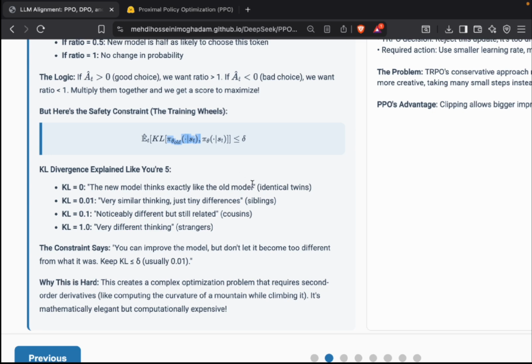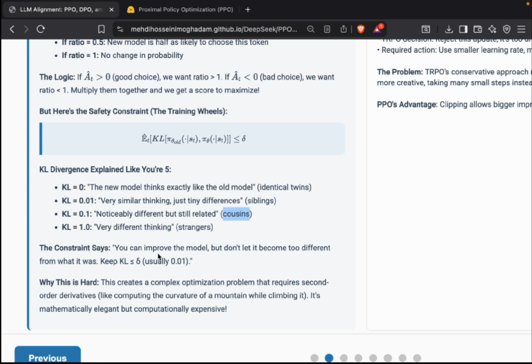The first, equal to 0, would be identical twins. In the second one, they are kind of siblings. If the Kullback-Leibler difference is 0.1, they are noticeably different but still related, like cousins. And if it is something like 1, they are very different. They have different thinking and reasoning, so they are technically strangers.